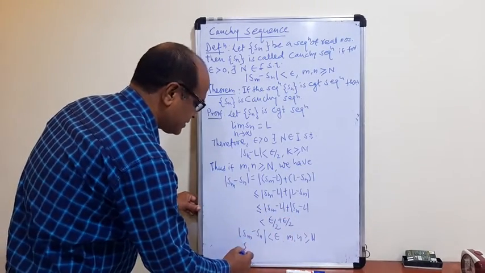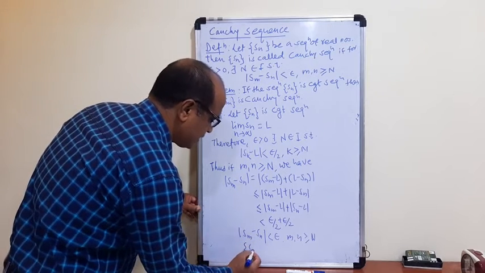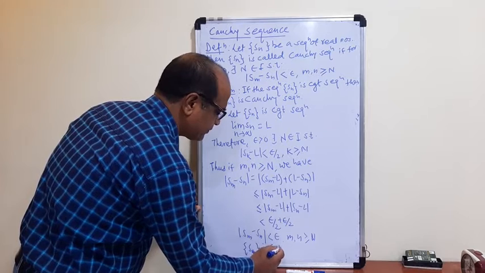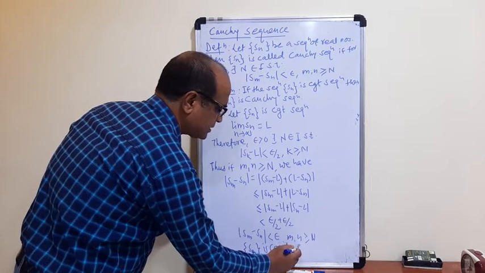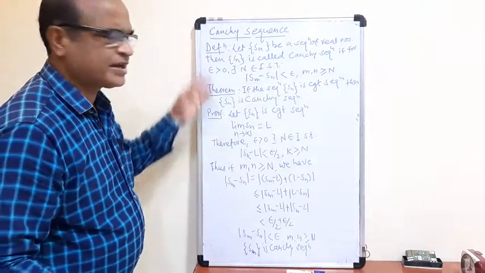Therefore, the sequence Sn is a Cauchy sequence. And that is the very simple proof of this theorem.